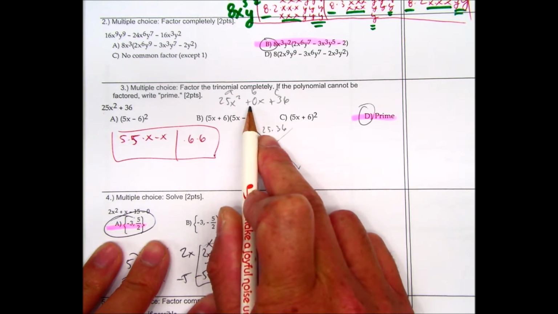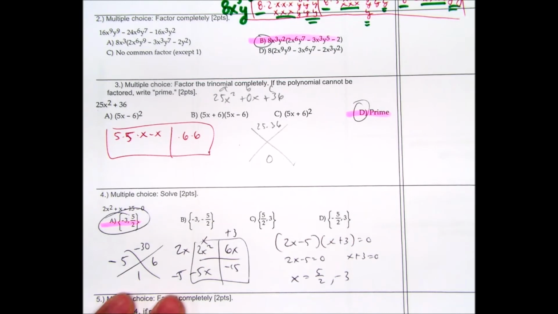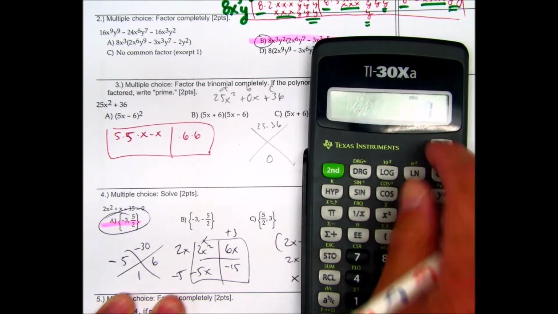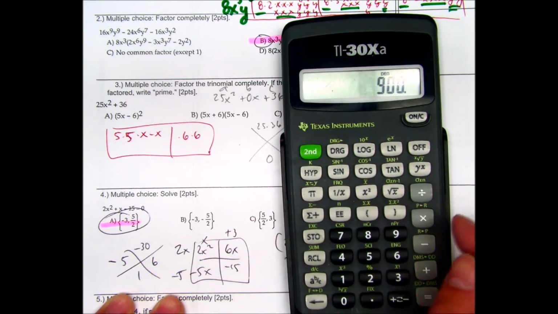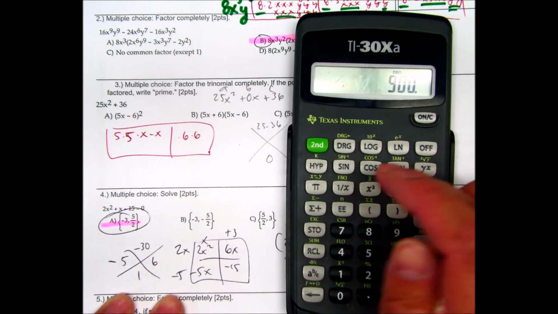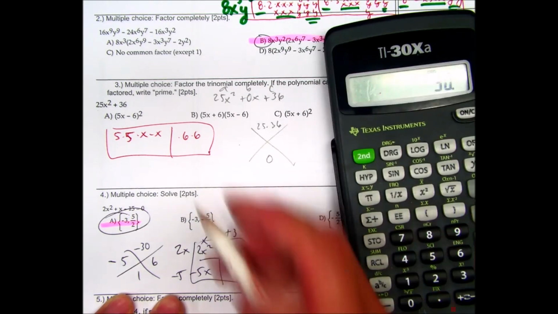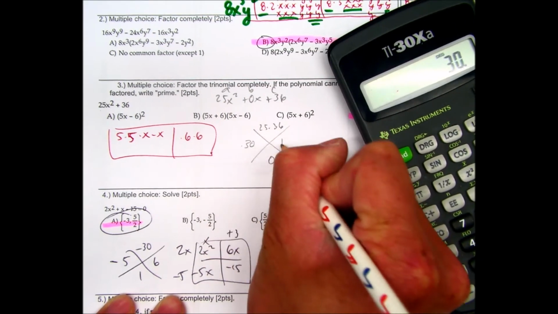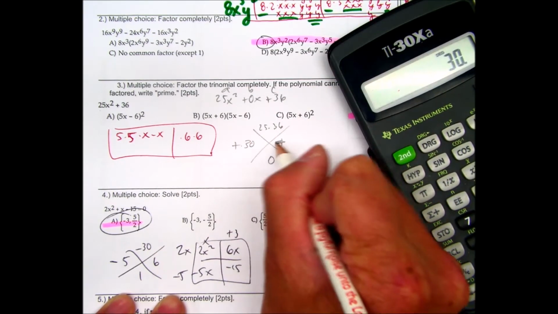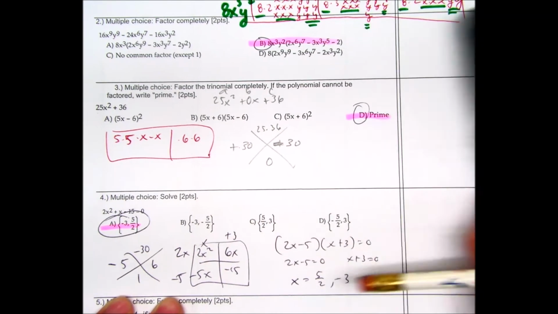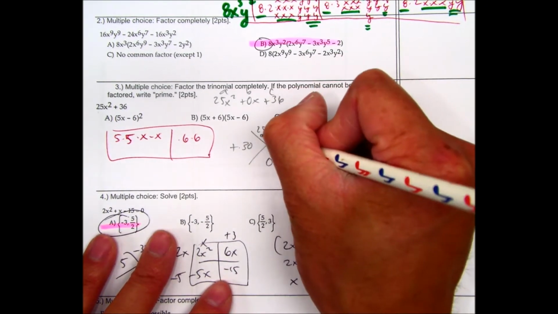And then I have a b value of 0. So if I multiply these 2 numbers together, I get 25 times 36. And if I take the square root of that number, trying to look for identical numbers there, square root, I have 30. So positive 30 and a negative 30. So this would be 900.